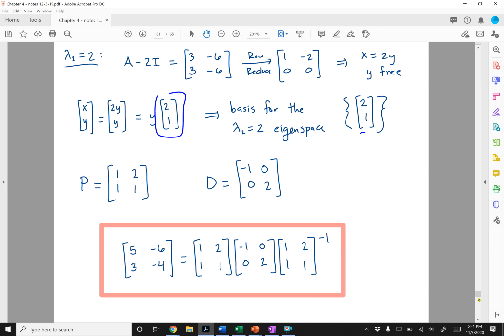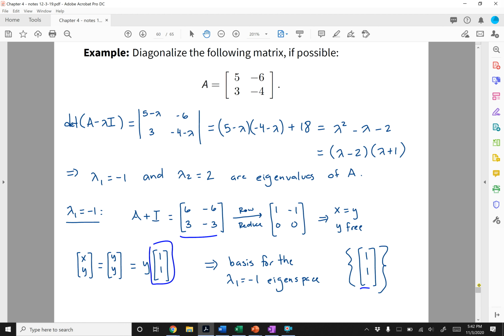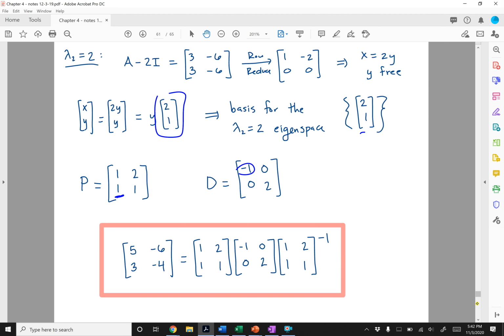And so what you do is you take our two eigenvectors. They were 2, 1 and 1, 1. So you write them down, and order is important here. 1, 1 came from our lambda equals minus 1. So when we subtracted minus 1, we got the 1, 1 eigenvector.